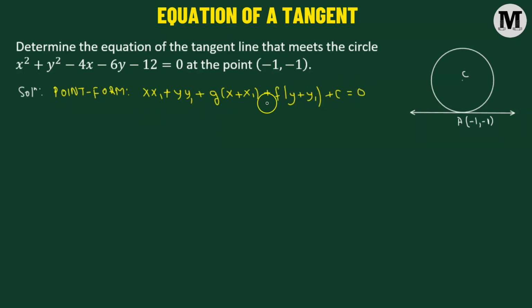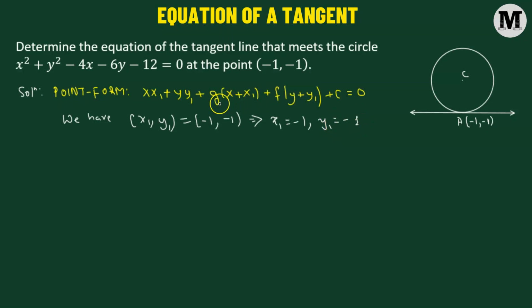So here x1, y1 will be the coordinates of the point of contact. It's given here as -1, -1, which tells us that the value of x1 will be equal to -1 and the value of y1 will be equal to -1.